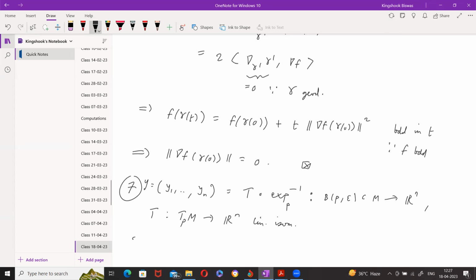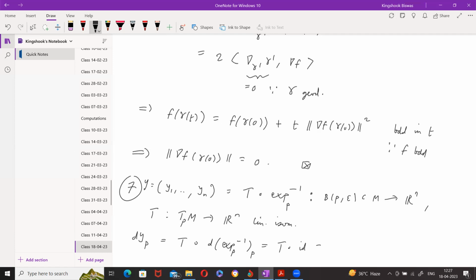So dy at P, by the chain rule, is T composed with the derivative of x_P inverse at P. And this derivative is the identity, we already know.